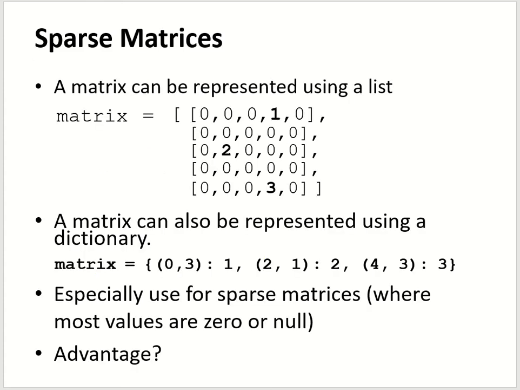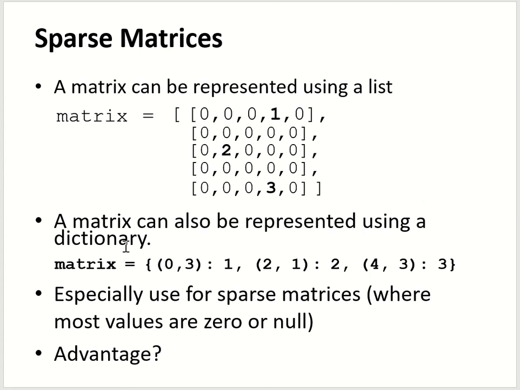We saw how lists, really how nested lists like this, can be used to represent matrices, two-dimensional arrangements of numbers, such as a raster image, maybe from a satellite sensor used in GIS. So nested lists are a useful way to represent those data.